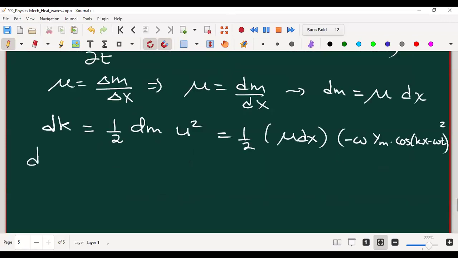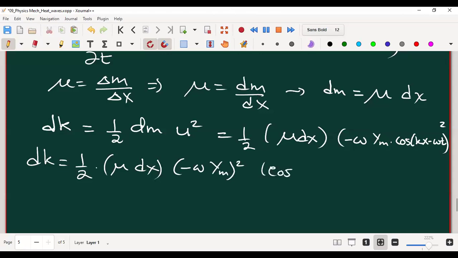So this one, dK, is half mu dx, and then u is minus omega times ym, cos squared (kx − ωt).